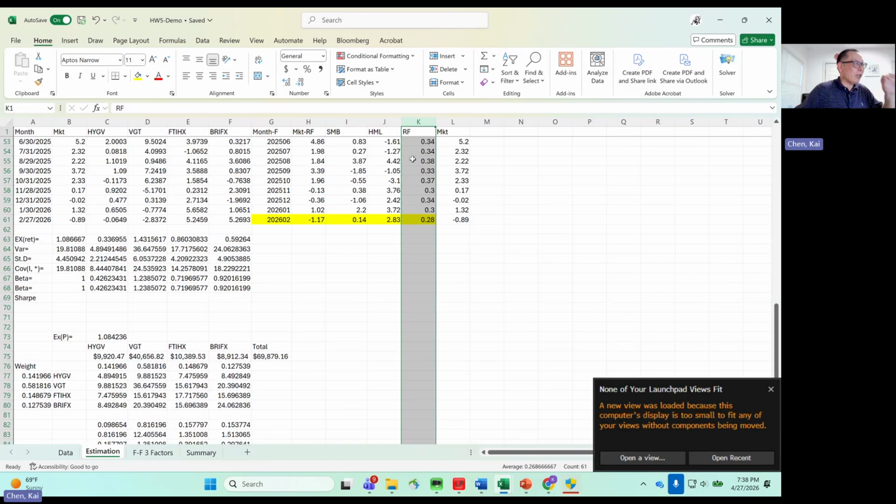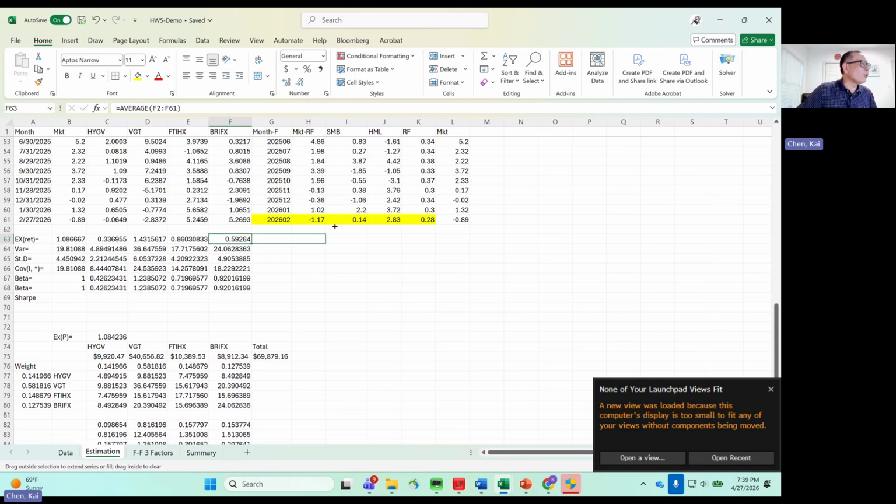Now I'm going to calculate the average, so I don't have to calculate from the beginning. I just scroll to the right, and this is the average of the risk-free rate. We don't need this one, this cell doesn't make sense, so I remove it.